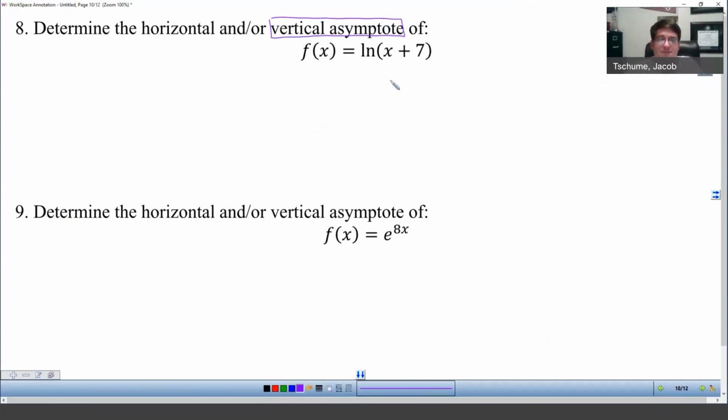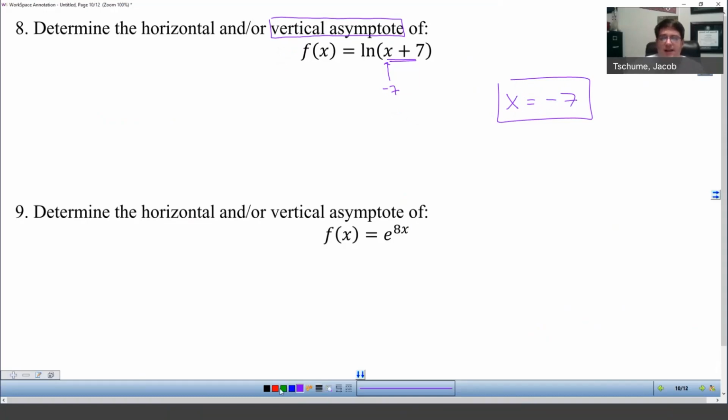And then I'm asking myself, what number could I plug in for x here that would make the inside equal 0? And that would actually be -7. So if you're writing your answer, remember a vertical asymptote is always x, and I know the number has to be -7. So my final answer here is x equals -7. And you can work that the exact same way for every natural log function.